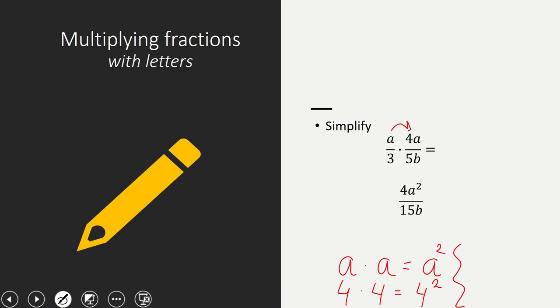And if I was going to do 5 times 5, it was 5 squared, because it's still 25. I'm going to do at the bottom the same. So 3 times 5b, and that's 15b. I cannot simplify this any further because I cannot divide everything by a, and I cannot divide everything by b or a different number.